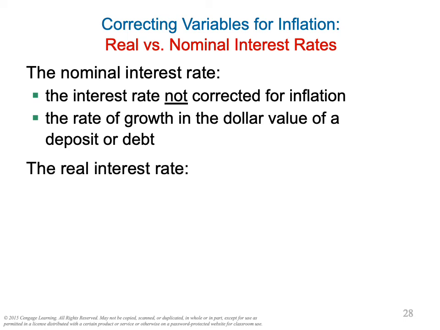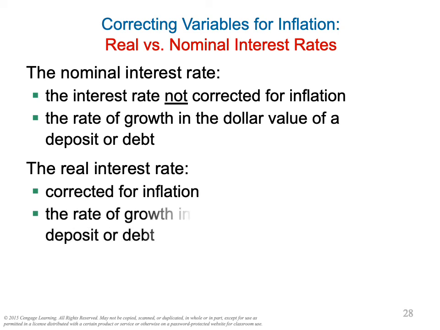Now, once we correct the nominal interest rate for inflation, now we have the real interest rate. It's the interest rate that has been corrected for inflation. And what it is, it's not the growth in the dollar value of a deposit or debt, but it's rather the rate of growth in the purchasing power of a deposit or debt. Okay?